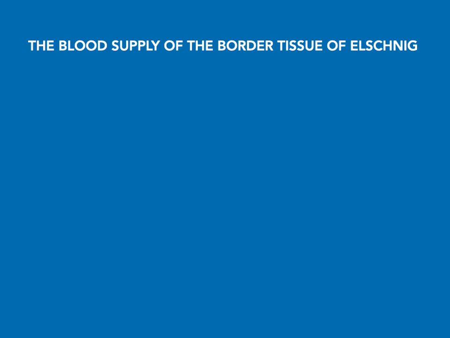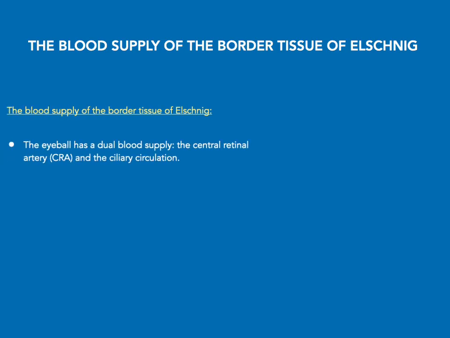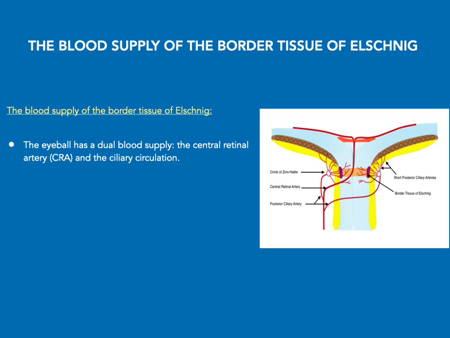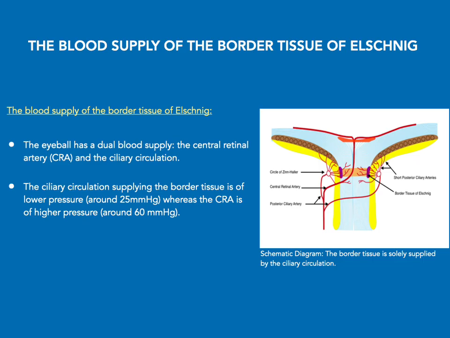Before we discuss the degeneration of the border tissue of Elschnig, it is imperative to discuss its blood supply. The eyeball has a dual blood supply, the central retinal artery and the ciliary circulation. The ciliary circulation supplying the border tissue is of lower pressure, around 25 millimeters of mercury, whereas the CRA is of higher pressure, around 60 millimeters.